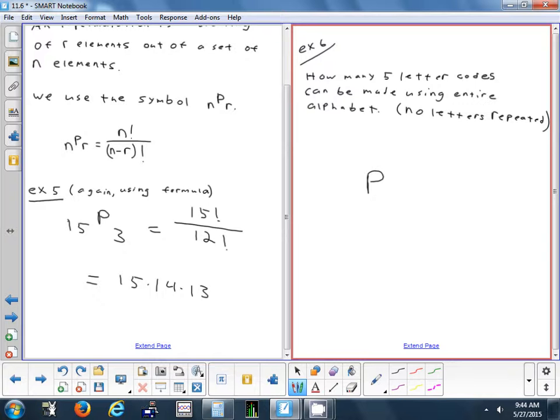How many total choices do we have to pick from? 26. And out of the 26 letters, how many at a time are we picking? 5. Okay, so basically that's n factorial over n minus r factorial.